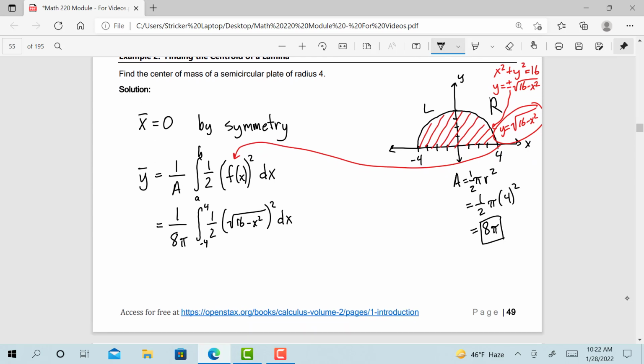I'm going to move this 1/2 out front, so this gives us 1 over 16 pi times the integral from -4 to 4 of 16 minus x squared dx.